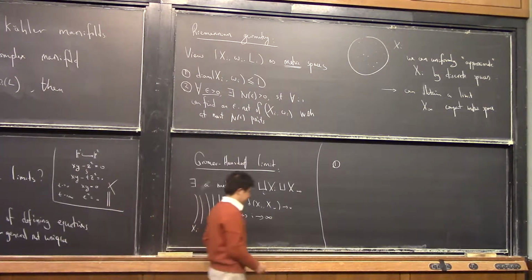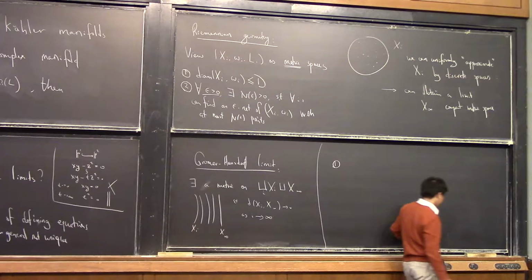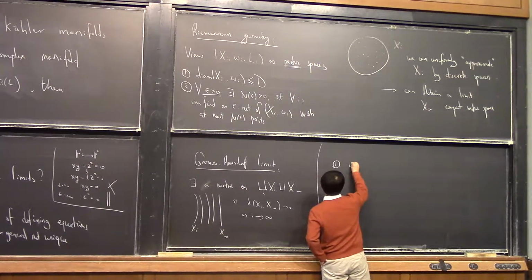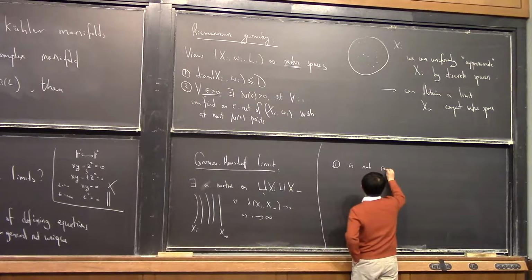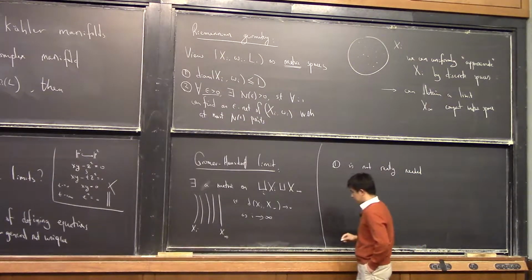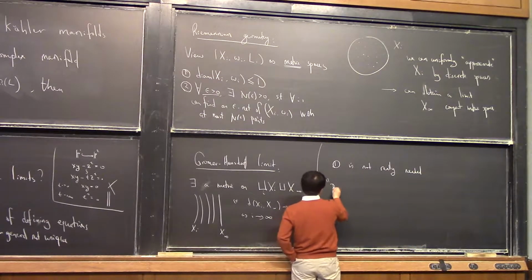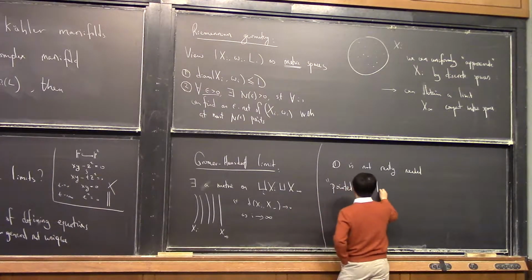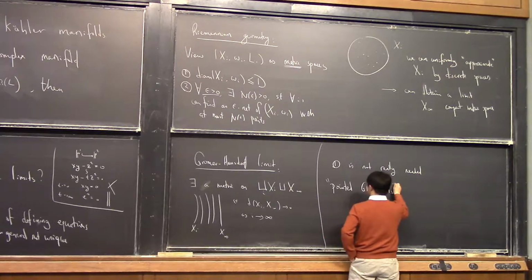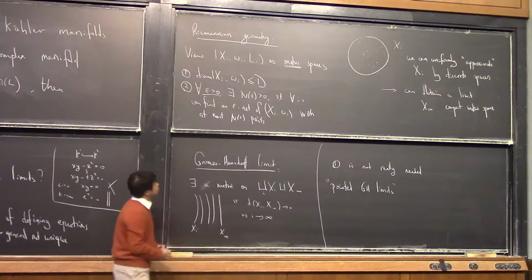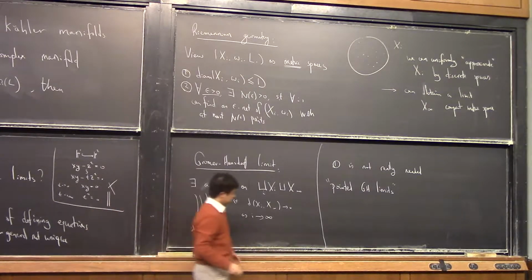If the diameter goes to infinity, then the limit is not going to be compact. But this condition can be relaxed. This is a notion of a point in the Gromov-Hausdorff limit. When the diameter is not bounded, we can fix a scale.